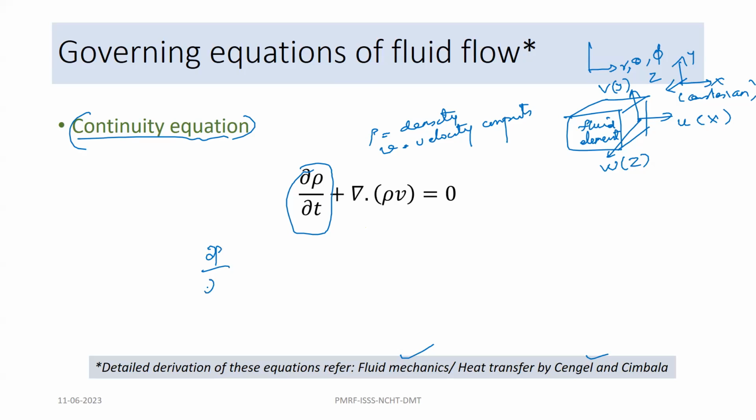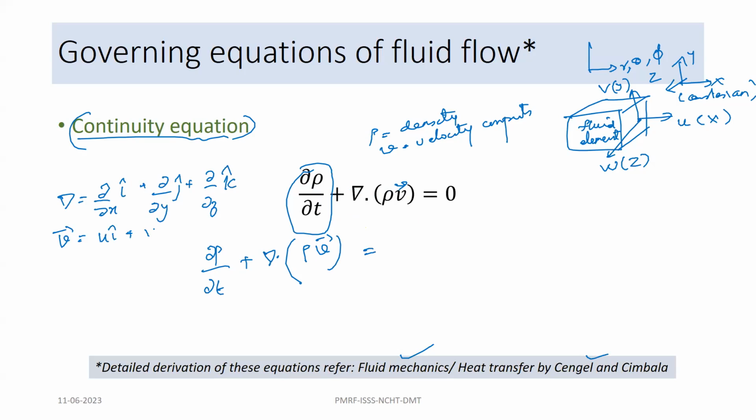This dou rho by dou t plus the divergence operator acting on rho V, where rho V is actually a vector. The del operator is dou by dou x i cap plus dou by dou y j cap plus dou by dou z k cap, and the V vector would be u i plus v j plus w k, where i, j, k are the unit vectors in the x, y, z directions.